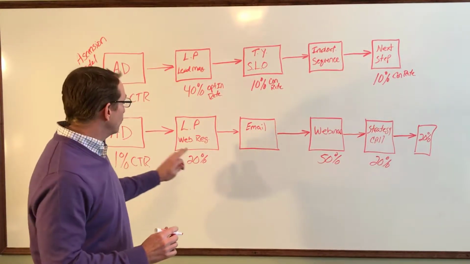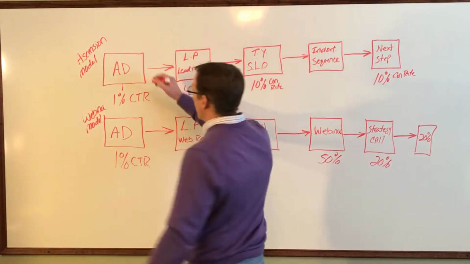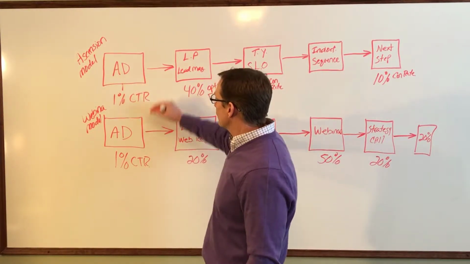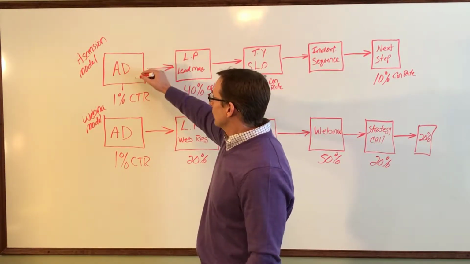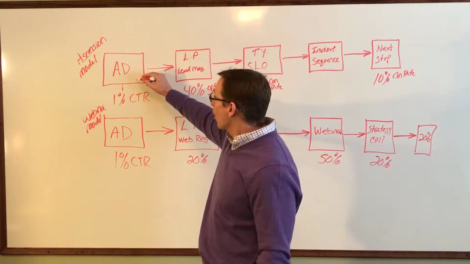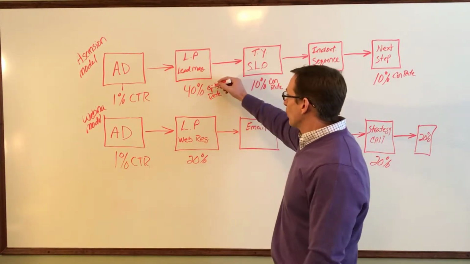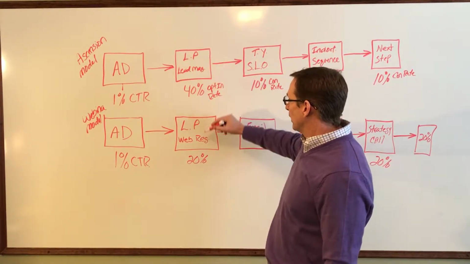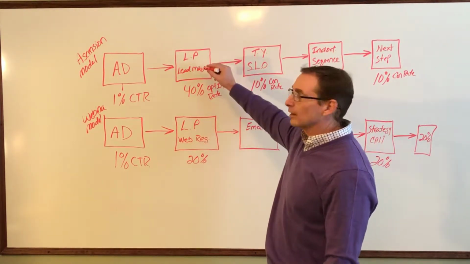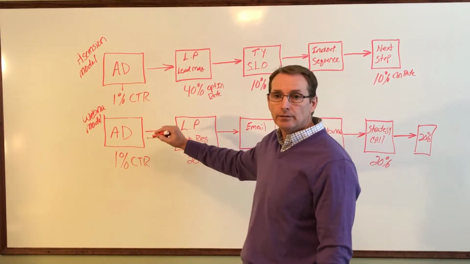And what's great about knowing these numbers is you know immediately if you're not getting a 1% click-through rate here, your ad copy is off, your image is off, or you're in front of the wrong audience. If you're not getting a 40% conversion rate when people hit these landing pages, or 20% in this case, then you know the landing page copy isn't strong enough, or it's not congruent with the ad.